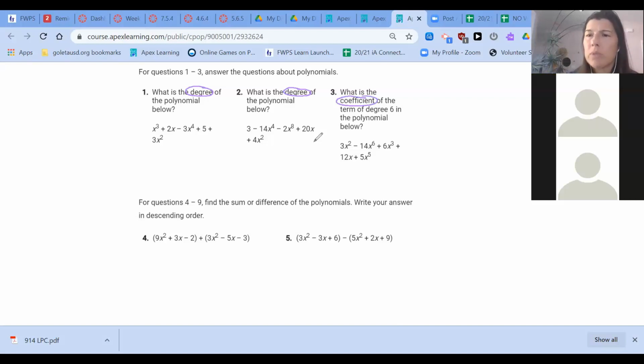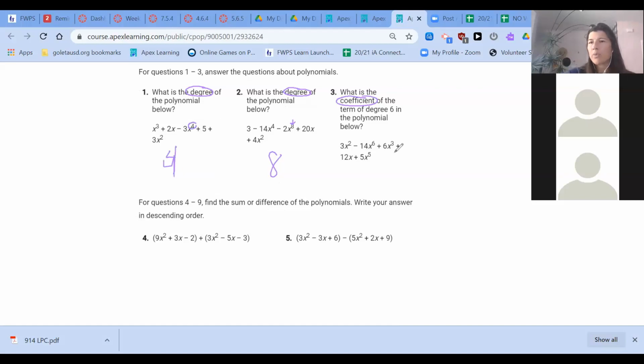So degree, what does degree mean? Good. So it's the highest exponent, the term that has the highest exponent. Good. So number 2, your degree was 8. Beautiful. The degree for number 1 is 4. You got it.